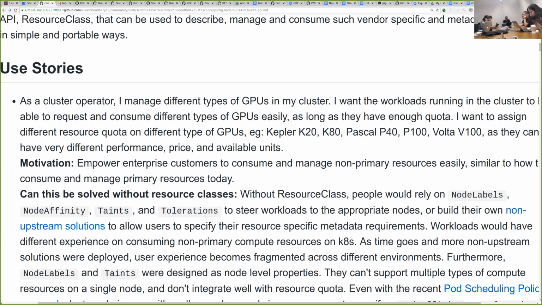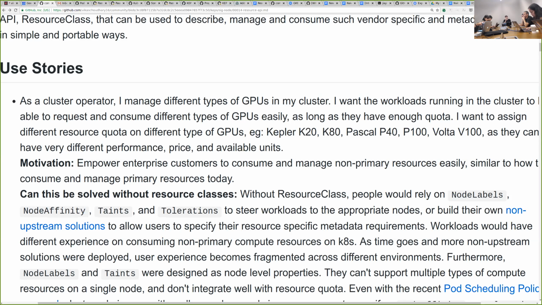They usually have very different performance and characteristics, even for the same type of resource, like GPU, but different types. For example, for GPU, we have K80, P100, V100. Their performance and prices are very different, and administrators often want to give different quota to those different types of GPUs. And currently, we don't have a way to assign different amounts of quota to different GPU types.